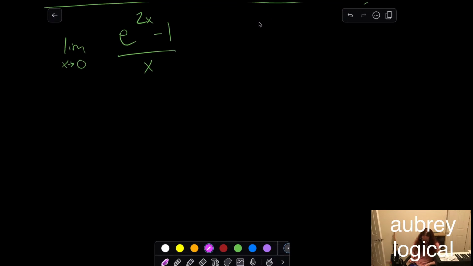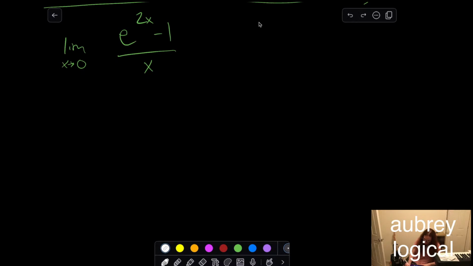Okay. Now I am going to calculate the limit of e to the 2x minus 1 over x when x is approaching 0. So first thing we do is plug in 0 every time we see an x.